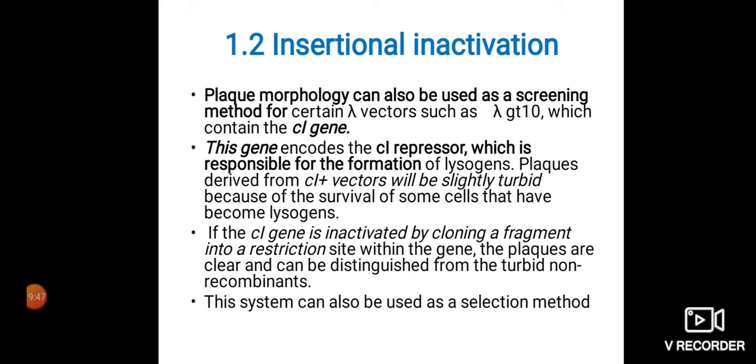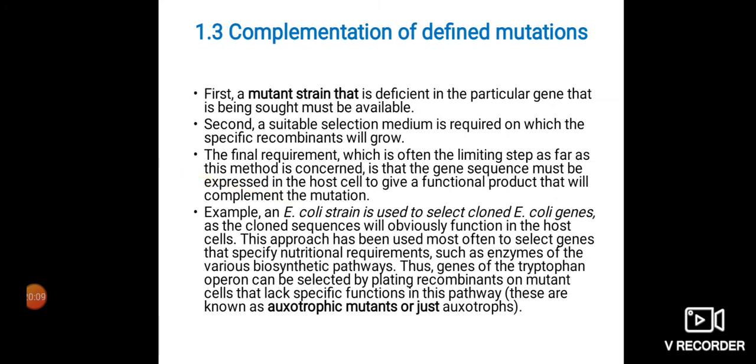This is called plaque morphology. Instead of getting completely clear plaques, we will get opaque plaques, meaning plaques having a few cells grown there as small dot colonies in those regions. So this is another method.